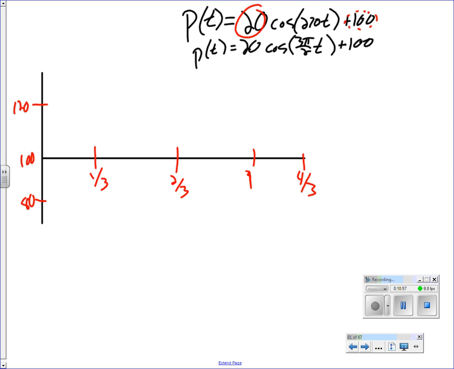So every quarter of the way will be 1/3 of a second. Once everything's marked off, we're just going to follow our pattern for the cosine function. So it's max, 0, min, 0, max.